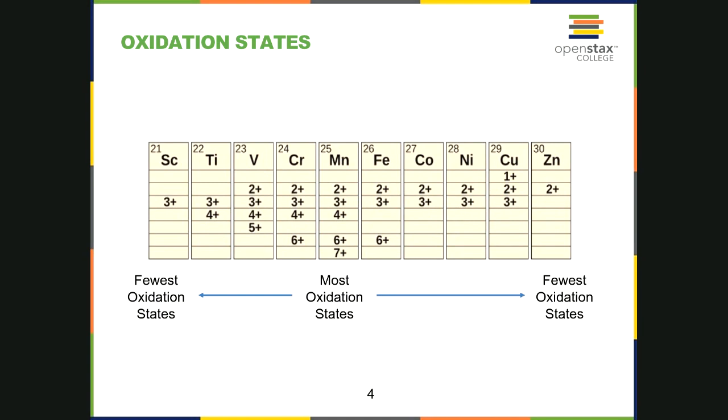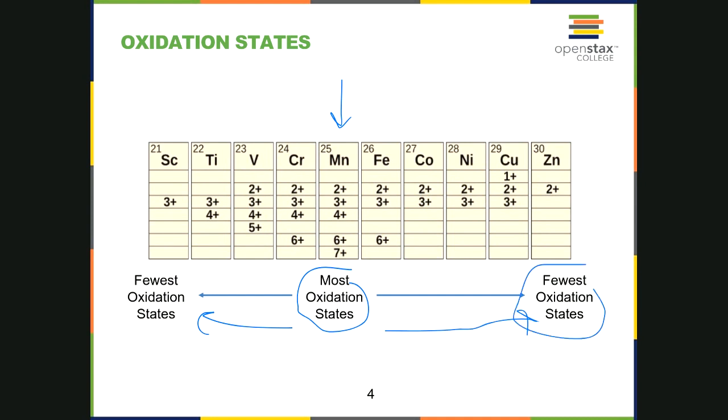So something like manganese will have the most oxidation states. See, it can be 2 plus, 3 plus, 4 plus, 6 plus, 7 plus. It can do a lot of different oxidation states. And then as you go to either side away from that middle, you've got fewer oxidation states.